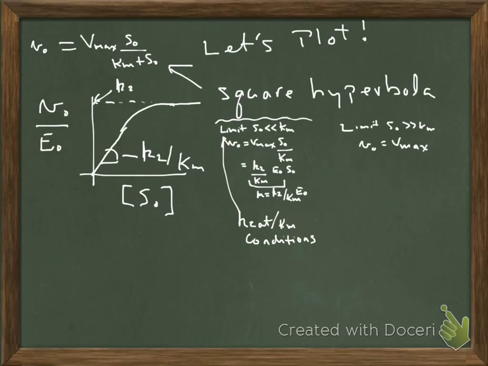You get k2 over Km, and k2 is equal to kcat under these very simple conditions. We'll come back to that. And then again, remember this is equal to k2 times E0, so if we plot V0 over E0, it's simply equal to k2, which is equal to kcat. And so we call these kcat conditions.